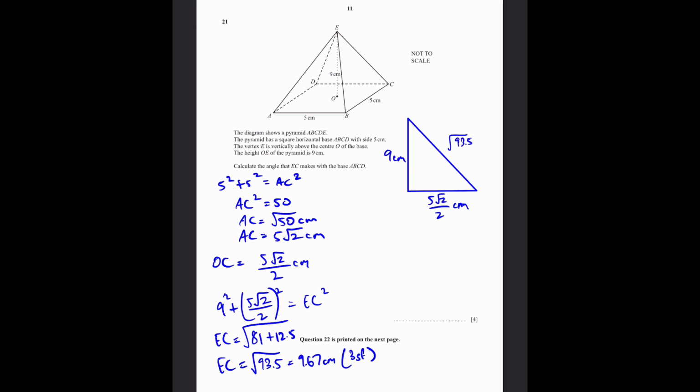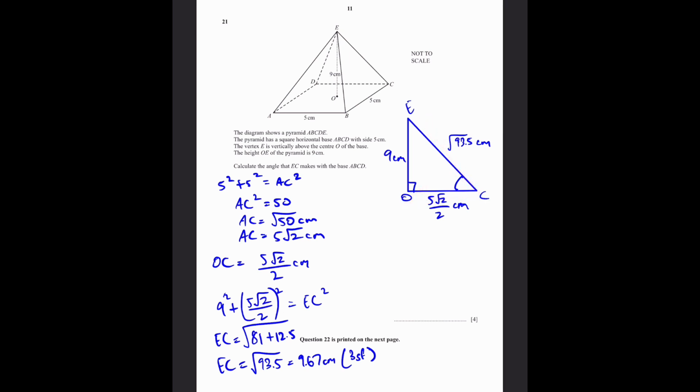I'll just write for sake of writing here. You can also write 9.67 centimeters here. And obviously this is a right angle triangle since this vertical line is perpendicular with flat surface or the base. Now we need to find this angle because this is EOC. We need to find angle ECO.